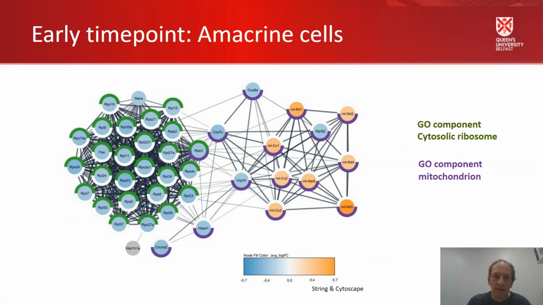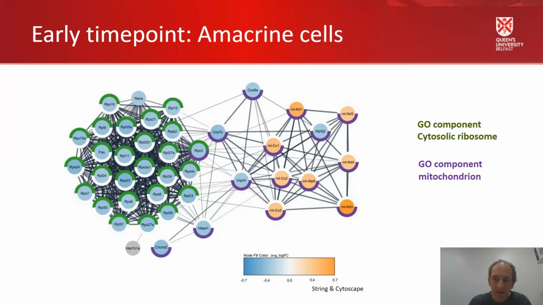So if we just focus on that a little bit more, the amacrine cells at the early time point. I've pulled out the most differentially expressed genes with most significant changes, and these almost entirely fell into these two groups, which are indicated with the green surround, components of the ribosome, and for each of the genes in this network, the color indicates the relative expression between the normal and the diabetic.